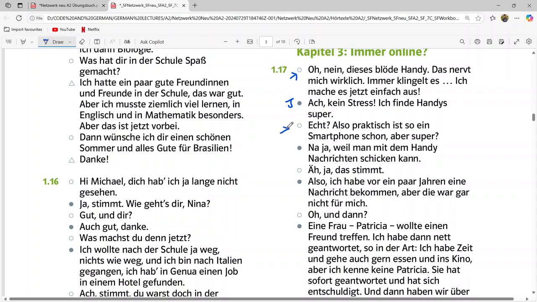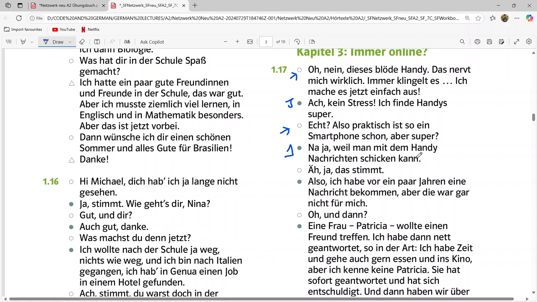And now the friend is asking, echt, also praktisch ist so ein Smartphone schon, aber super? So he's saying that the smartphone is practical, that I also find, but you are saying that it is great. Why? Okay. And now Janis is saying, naja, weil man mit dem Handy Nachrichten schicken kann.